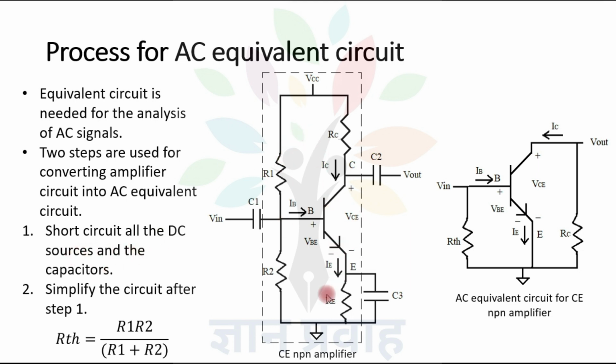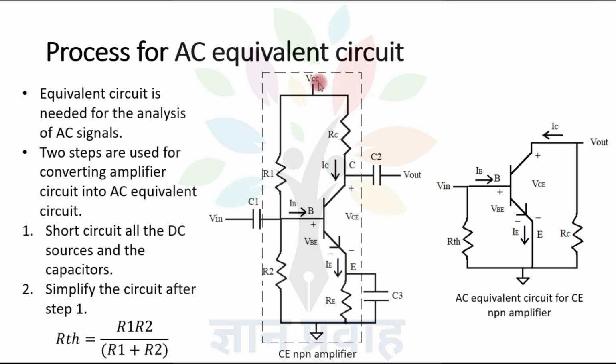This diagram is showing CE-NPN amplifier circuit. So we are drawing the AC equivalent circuit of this amplifier. So for AC equivalent circuit, we must short circuit the DC sources. So DC source is here VCC. It will be short circuit. It means it is grounded here.